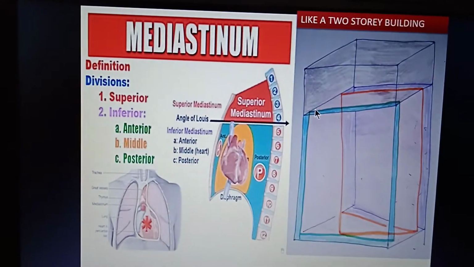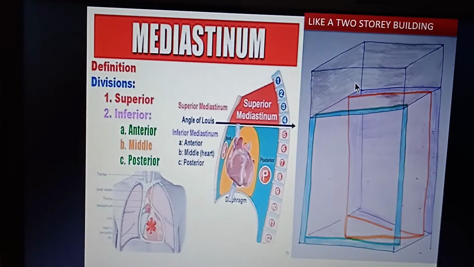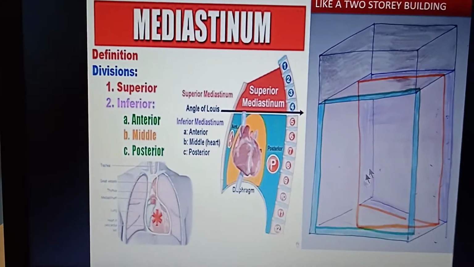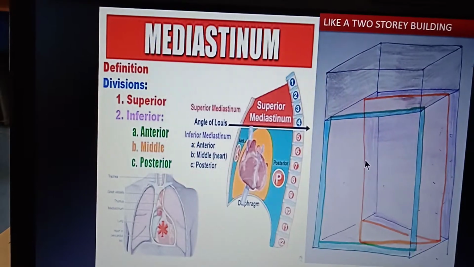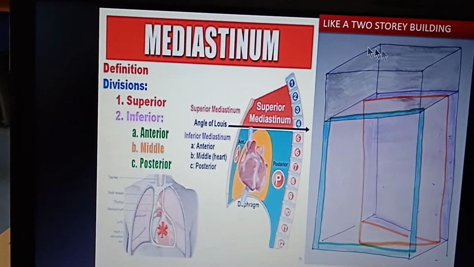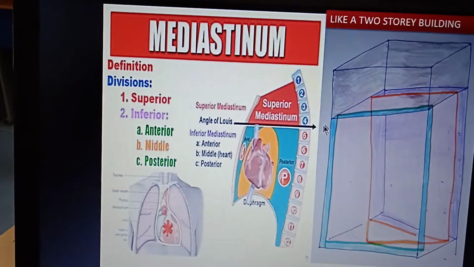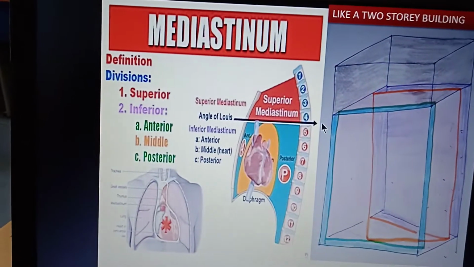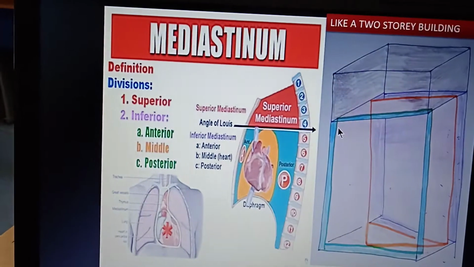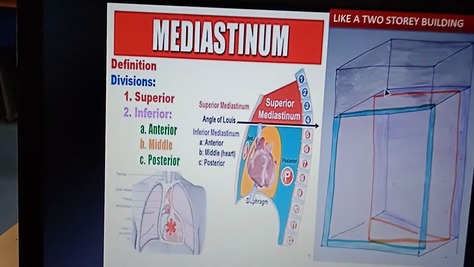Here you can see this is a two-story building. The below one is the inferior mediastinum, and superiorly this is the superior mediastinum, and the division is via the transverse line from anterior to posterior, from the sternal angle to the lower border of T4.